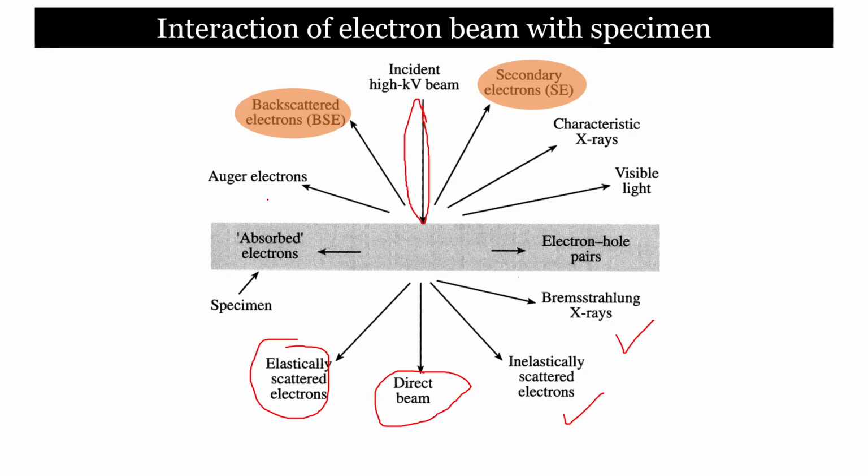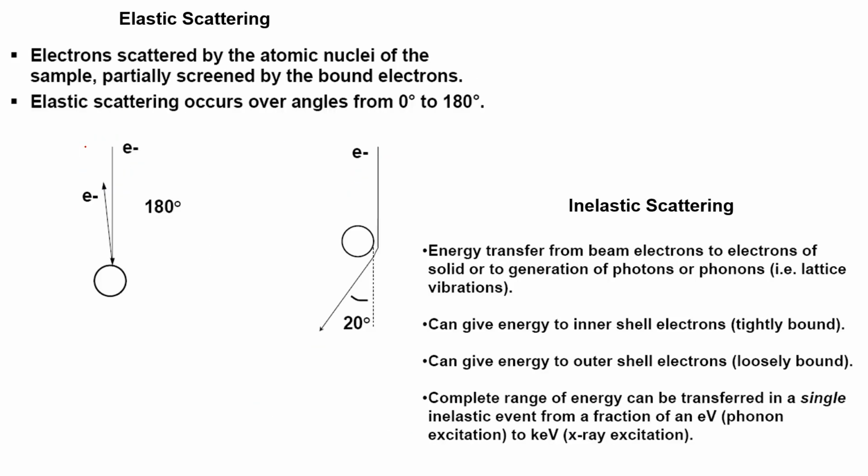You can't control the rays coming out from the specimen, because every time the electron interacts with the specimen, it will produce all these kinds of signals. But depending upon the detector you use, you can have different kinds of images. So first we will discuss the elastic scattering.